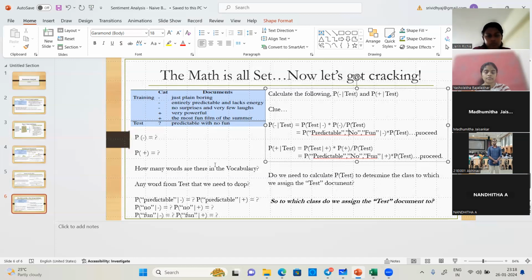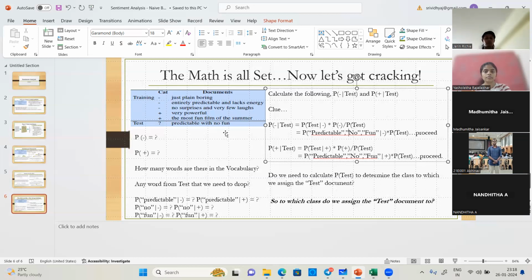We're going to calculate that. Can I calculate, with this training data, the probability of with given positive sentiment? Can I? No. Can I calculate probability of with given negative sentiment? Can I? No, it is not possible. Why? Because it is not occurring in the vocabulary.